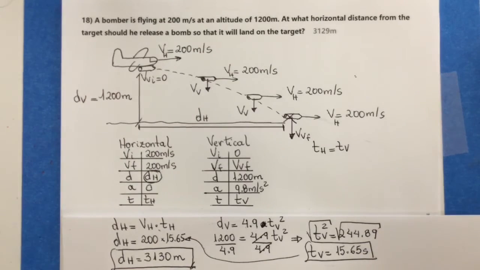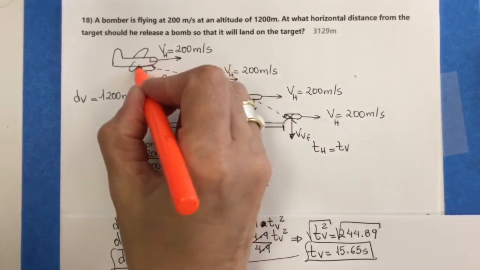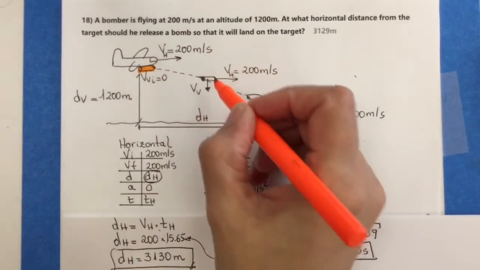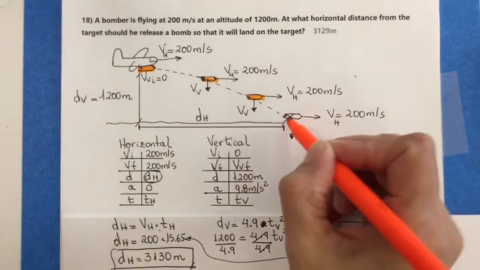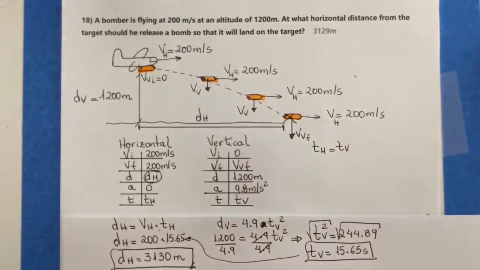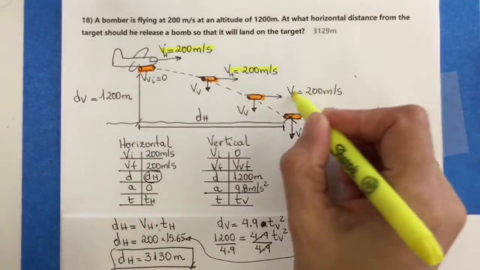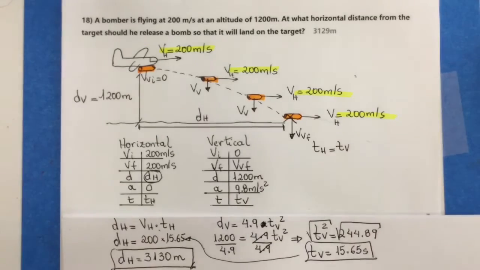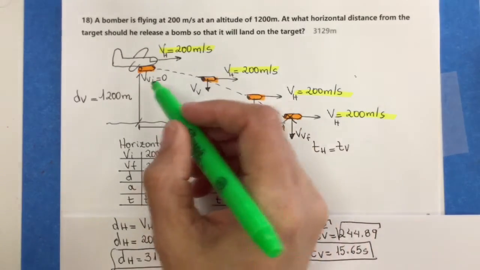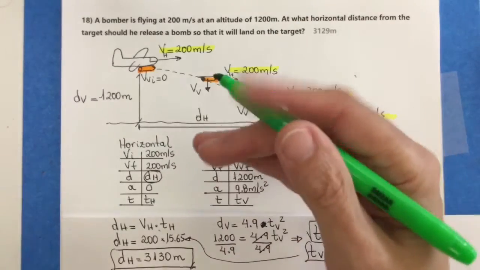So let's recap. Our airplane is dropping a bomb while flying with the same speed. So horizontally, we have the same values: 200 meters per second all the way through. However, vertically, the velocity is going to be affected by gravity.